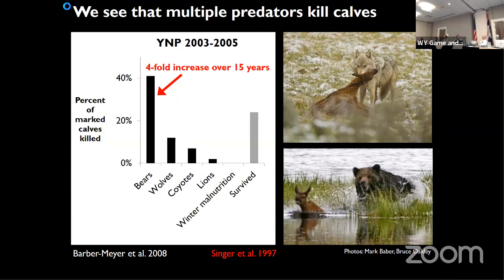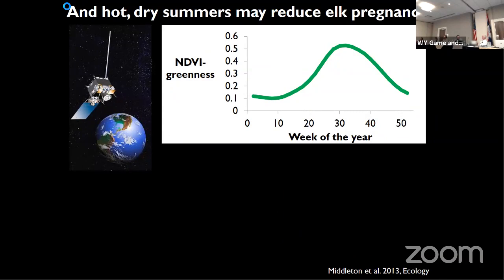At the same time, we could also see that this run of hot and dry summers in the years preceding when we began that work really was affecting to some degree our pregnancy rates. And so fewer calves were being born, and then the calves that were being born were being consumed pretty quickly in the early weeks of life.